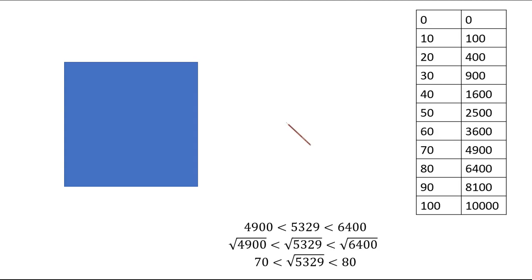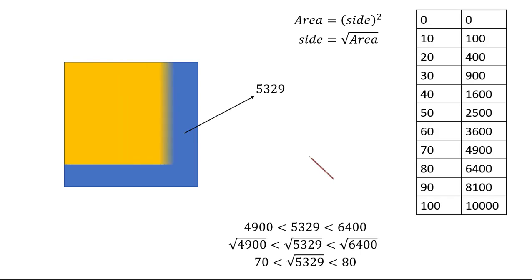Now consider a square, a perfect square, whose area is 5329. We know that the area of a square is side square. Taking square roots on both sides, the side is the square root of area. So that means that if this area is 5329, the length of these sides would be exactly the square root of 5329, and we know it lies between 70 and 80.